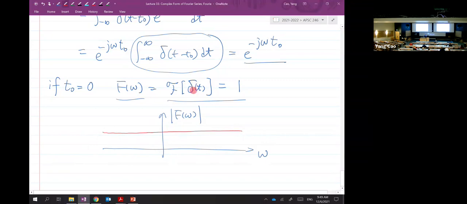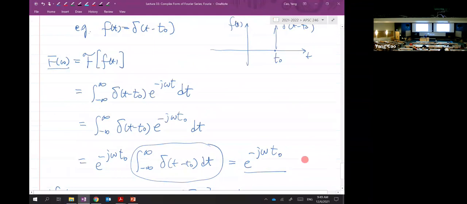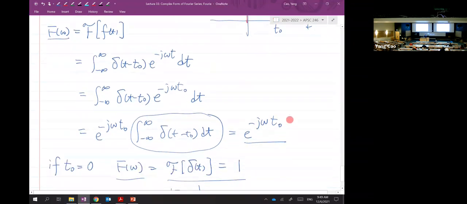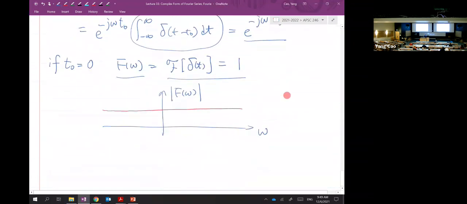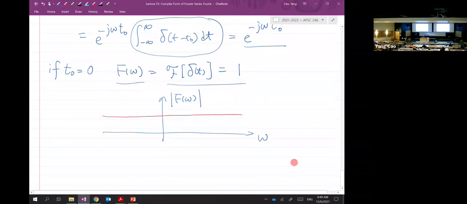So in other words, for this delta t, in the time domain, all you see is an impulse with infinite amplitude at t equals 0. That's what you see in time.